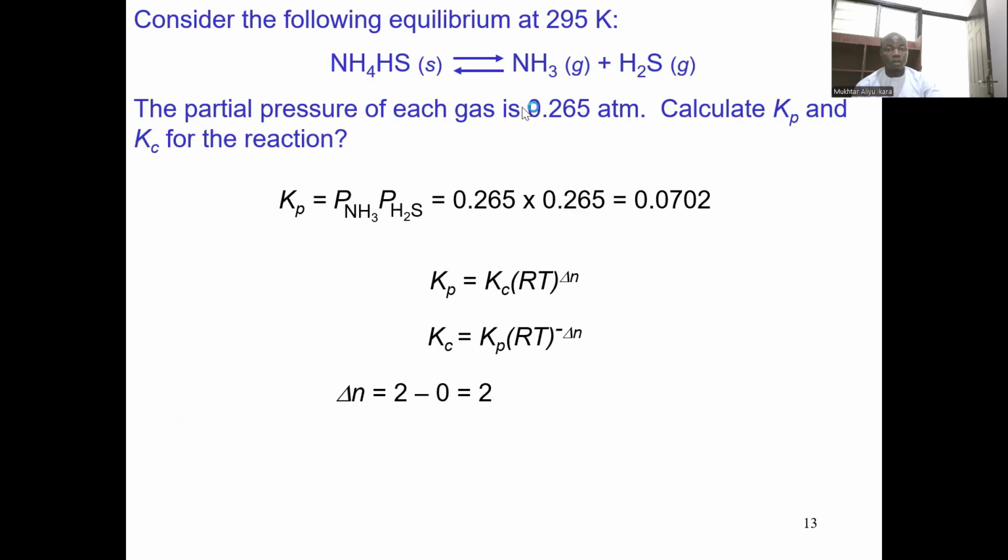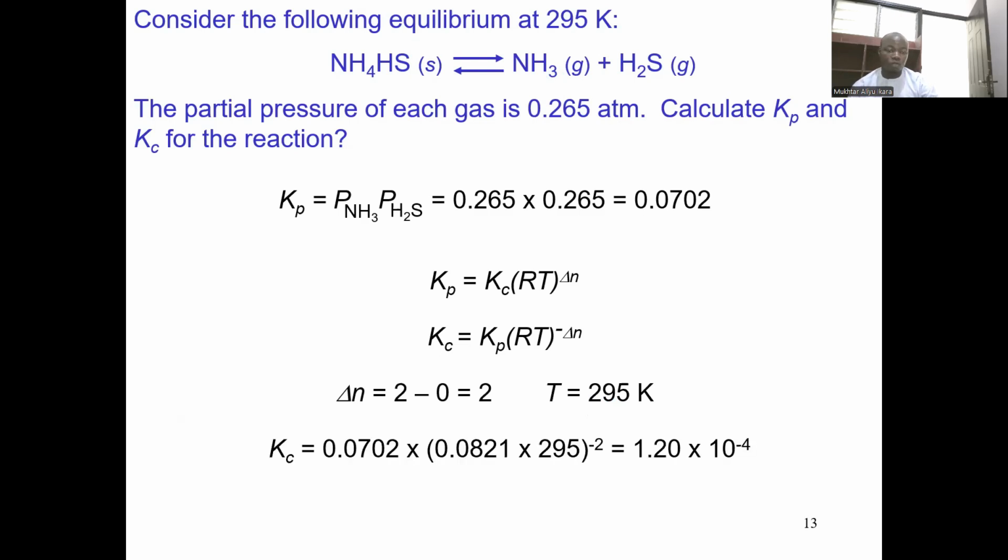In this case, our products are these two gases, and this one is solid, so don't consider it. You consider it as 0. So we have 2 minus 0, so that's why we have 2 here. And our temperature is 295, as given in the question. Sorry, it's not 293, it's 295.